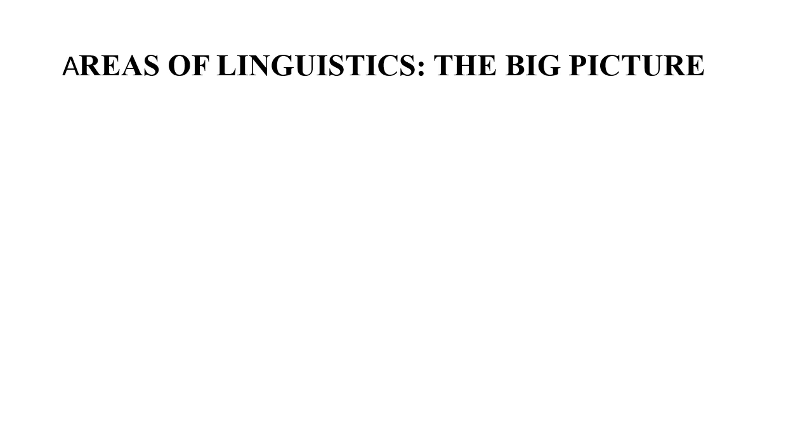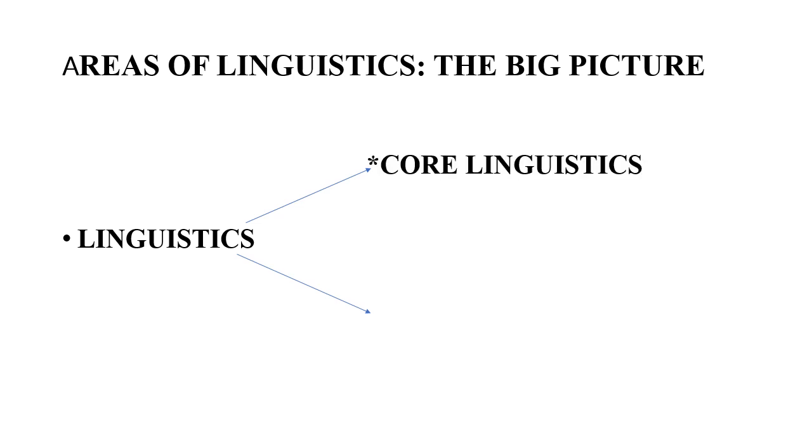So let's summarize a little bit. What is the big picture? So we said that linguistics then has two main areas. One is what we call core linguistics, and within core linguistics we saw that we had six different fields, starting with production of sounds, phonetics, phenomena associated with those sounds, that's phonology. You put those sounds together into words, and that's what morphology studies.